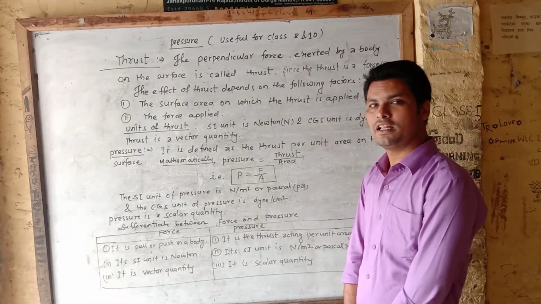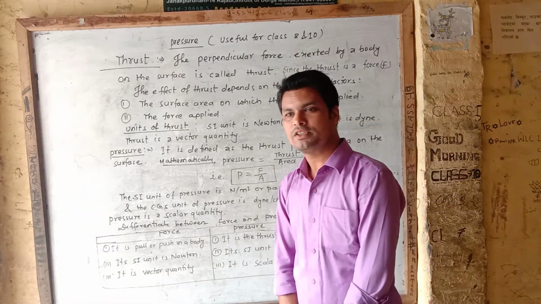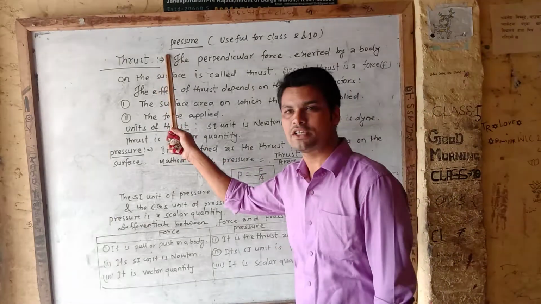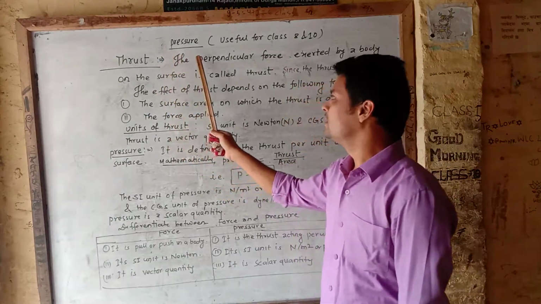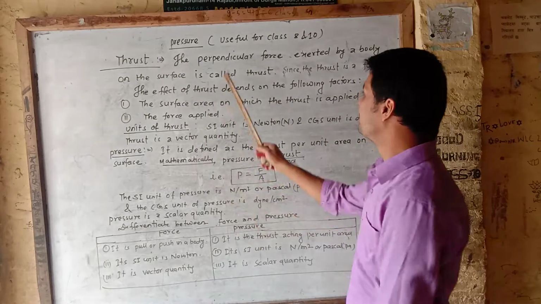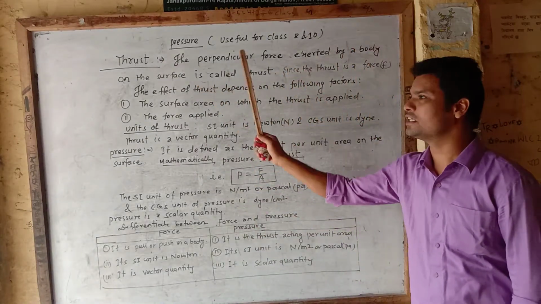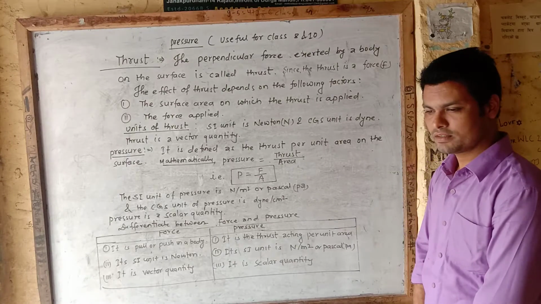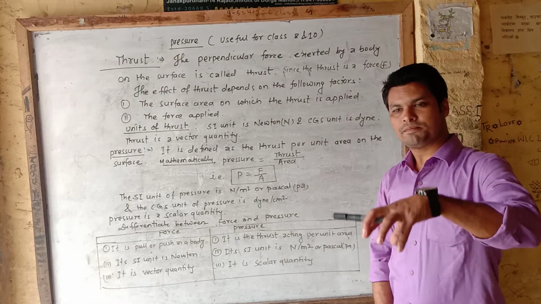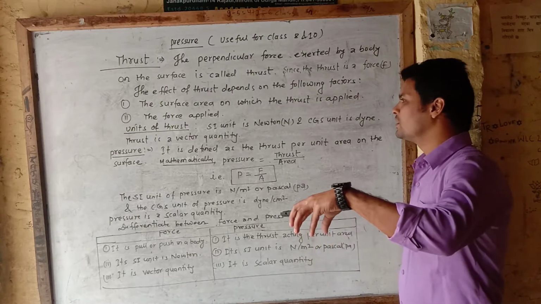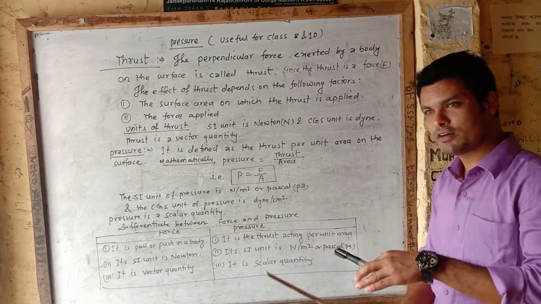First of all, I would like to teach you thrust. What is thrust? Thrust means the perpendicular force exerted by a body on the surface. It is the perpendicular force that is exerted on a body.